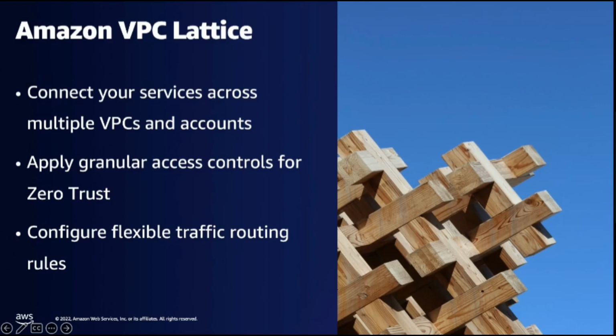It allows you to centrally manage access and communication between multiple services. It's built in such a way that anybody can connect services. You do not need to be a network administrator. It allows you to apply granular access controls in order to achieve zero trust. As we saw in the previous slides, as services are added to the application, it can get difficult applying those granular controls. VPC Lattice helps with that.